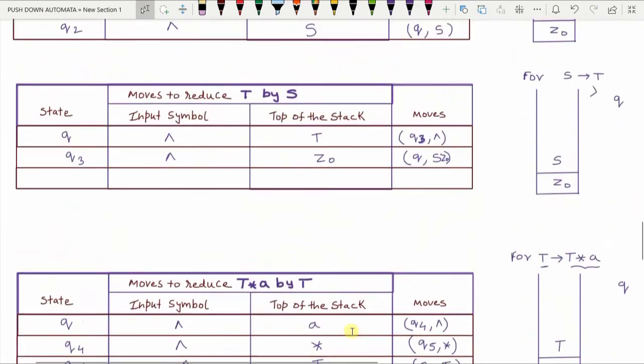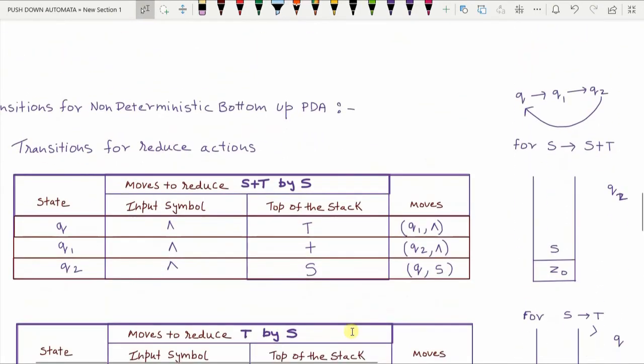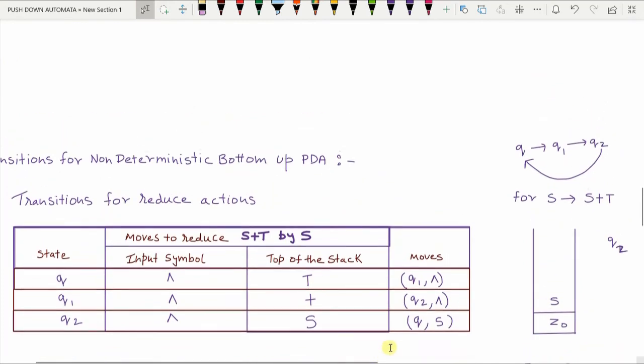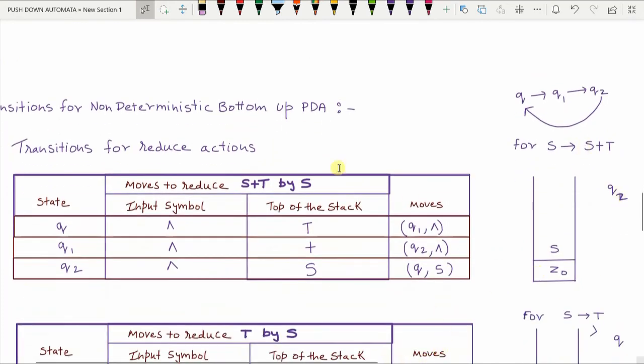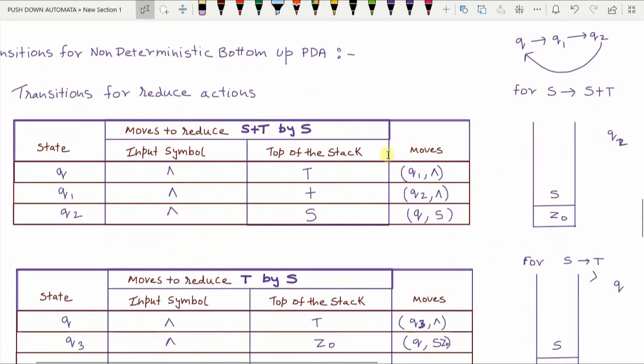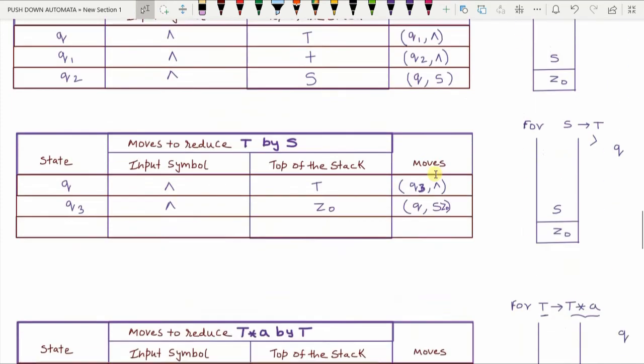Let us first draw the transitions for S gives S plus T. So how will I write? From Q, when null is read as input and the stack top contains T, you go to Q1 state by pushing null into the stack.